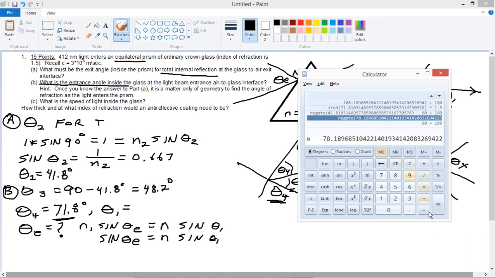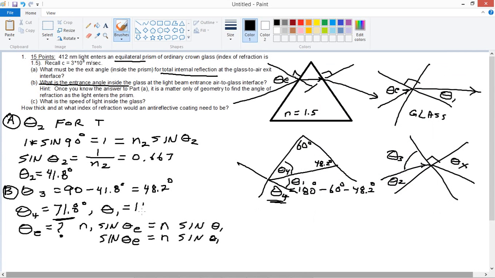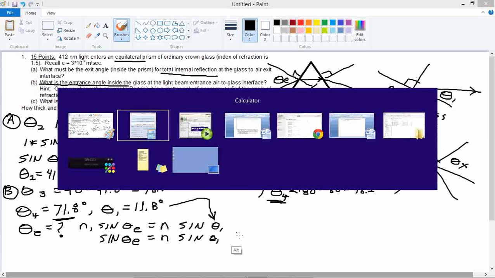Okay, let's get that one. Add it to 90 equals 11.8 degrees. 11.8 degrees. Now, when I take this, the formula works with measuring angles from the normal. Snell's law is angles are from the normal, and once we do that, then we ought to get a reasonable result.